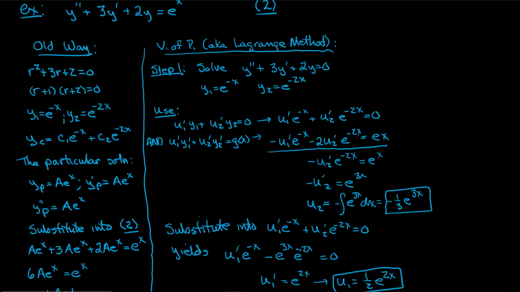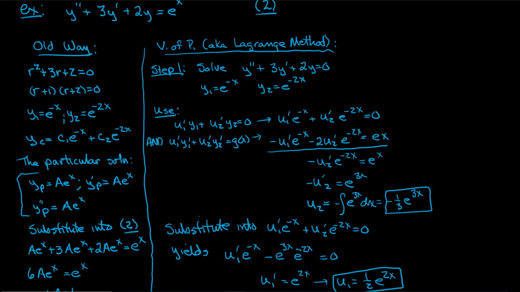This is one of those special cases. So what we can do is identify our particular solution, y sub p, as a times e to the x. Computing the derivative, we get a e to the x, and computing the second derivative, we get a e to the x. Well, that's pretty easy.